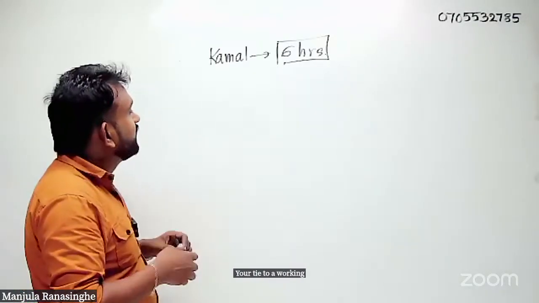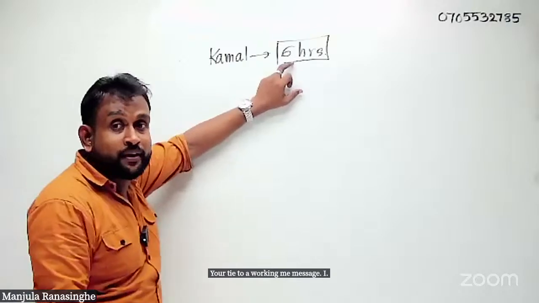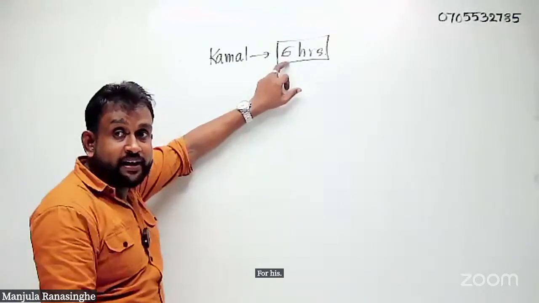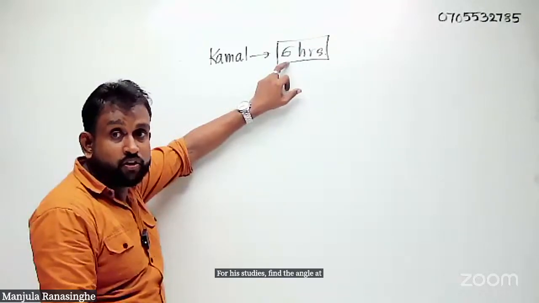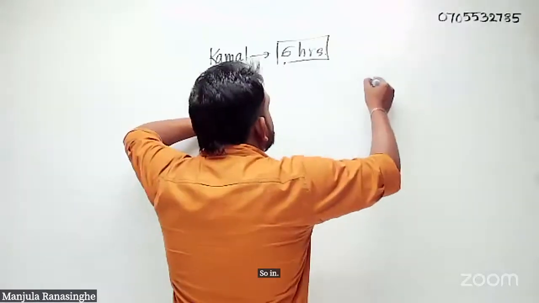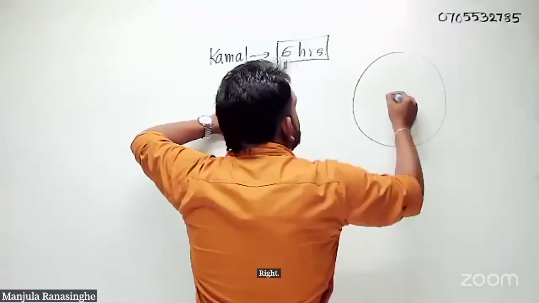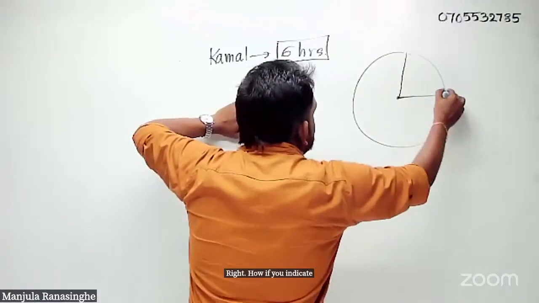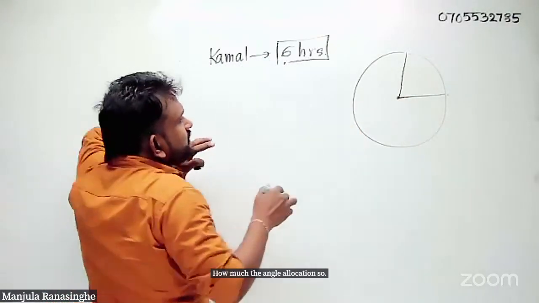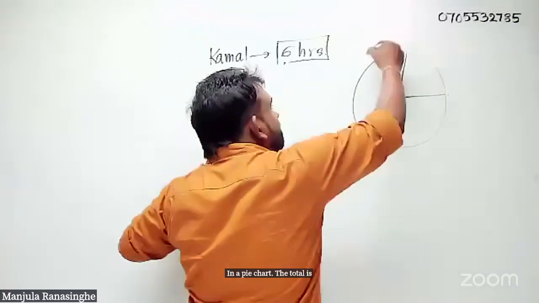I will check. So Kamal uses 6 hours for his studies. Find the angle at the center of the sector which is denoted in the pie chart. In a pie chart, the total is 360 degrees, and we see how much is allocated from that.